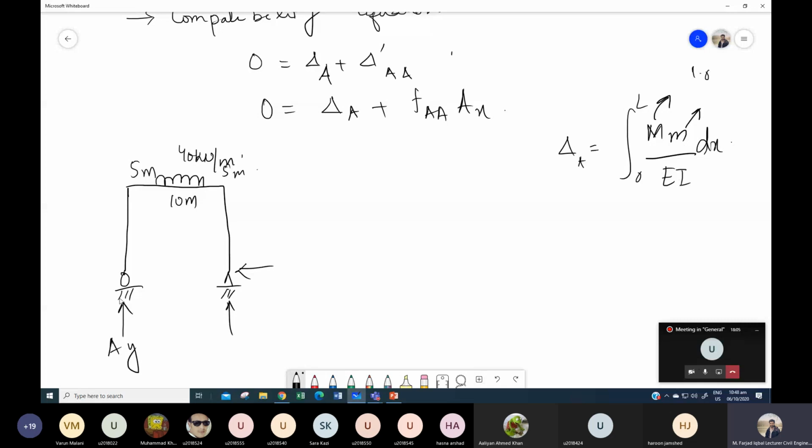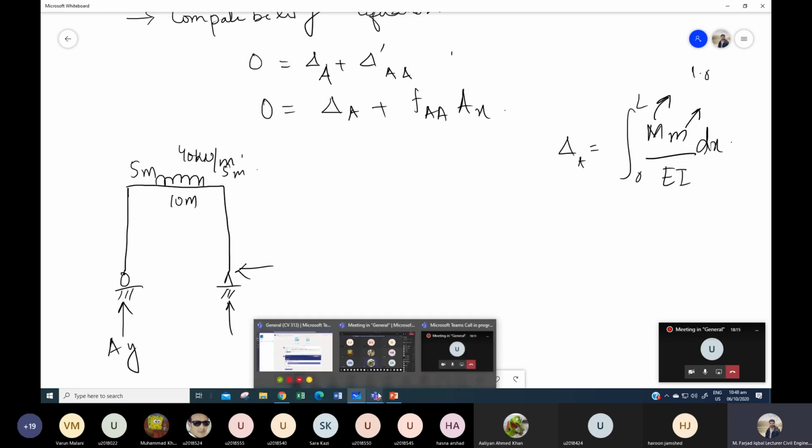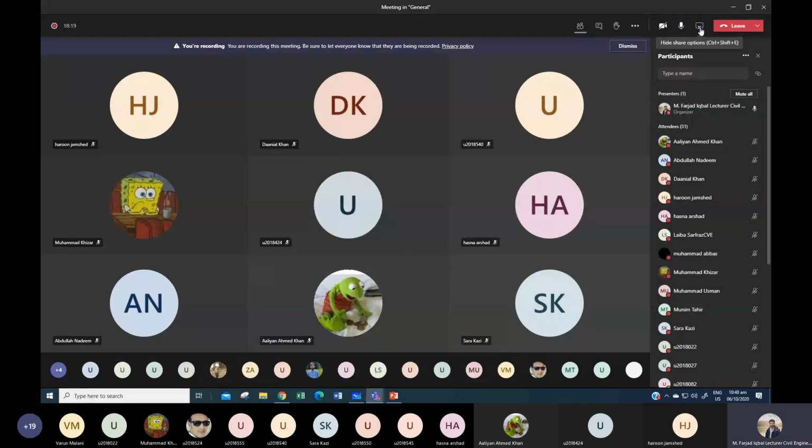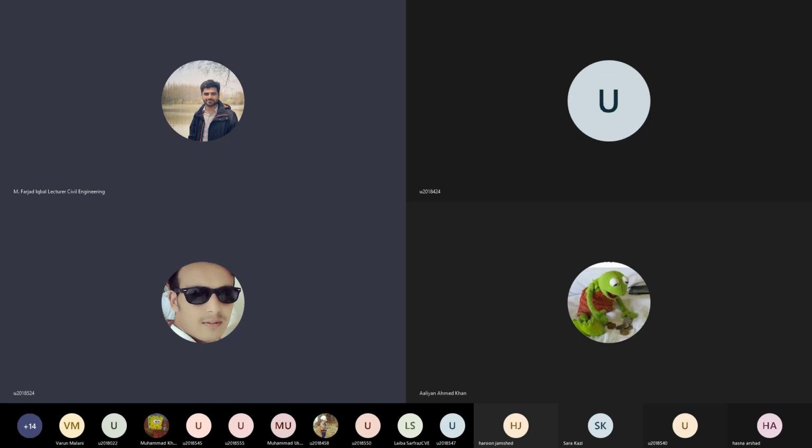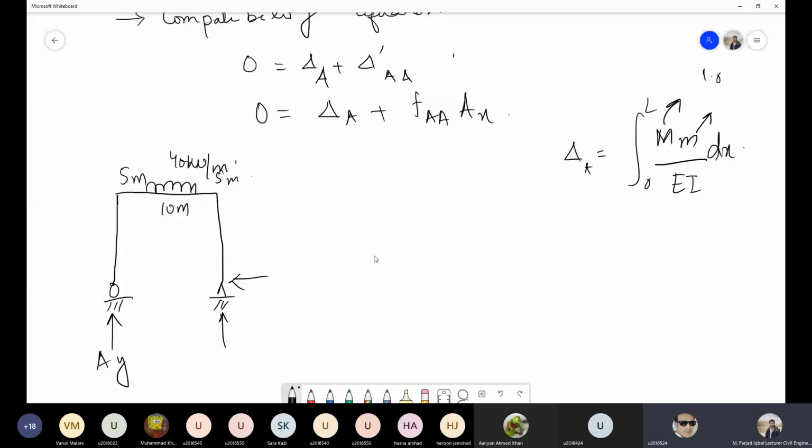So what will be this AY reaction? Sir, at what range is this UDL applied? 10 meters. So 200, AY.